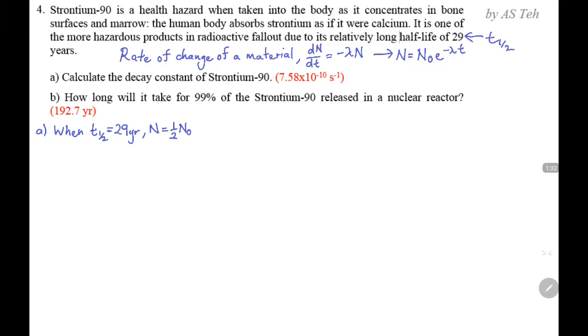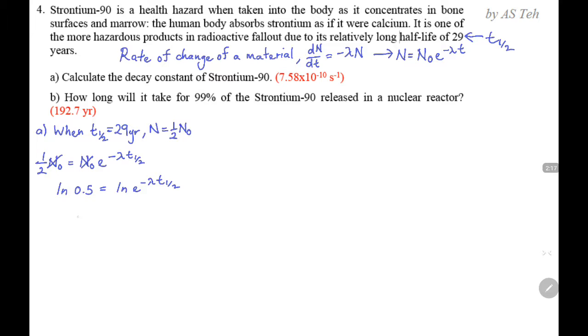So when we substitute this into the equation, we get half N naught equals N naught e to the negative lambda T half. We should be able to calculate lambda from here, but let's proceed. I can cut out N naught, so I have ln 0.5 equals ln e to the power of negative lambda T half.